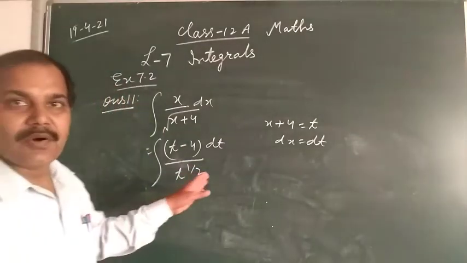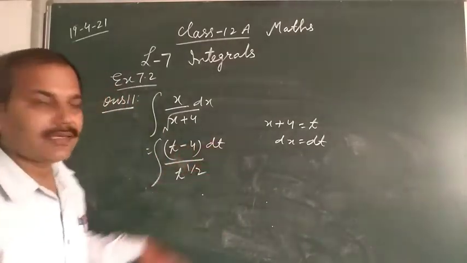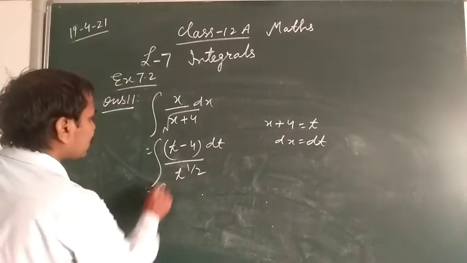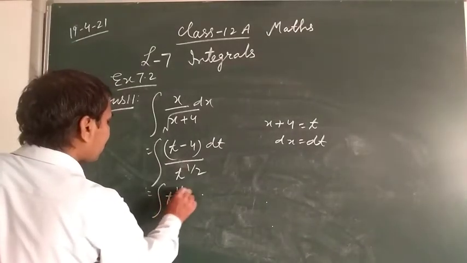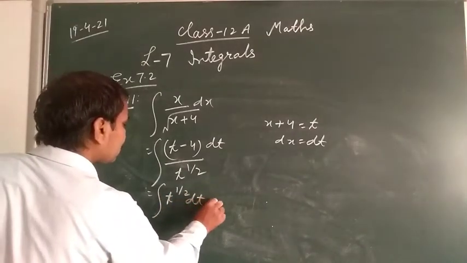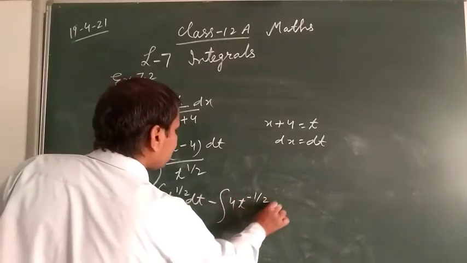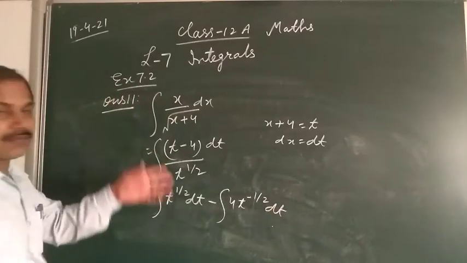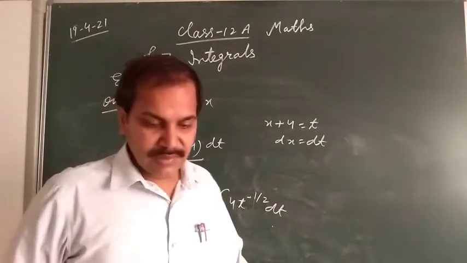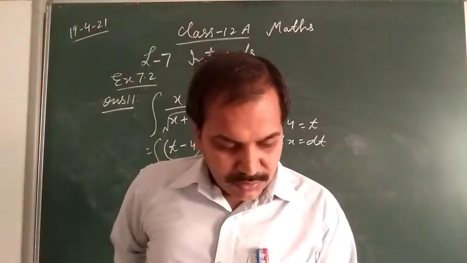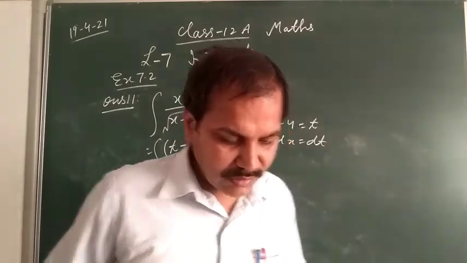So divide by t power 1 by 2 separately. So we convert it into t power 1 by 2 dt minus 4 t power minus 1 by 2. Then apply the formula and find your answer. Clear? So now question number 12.